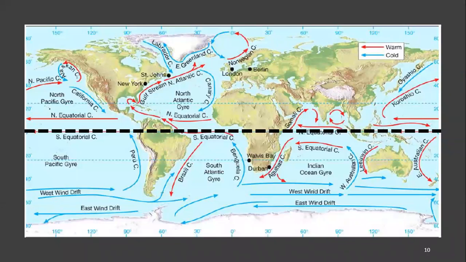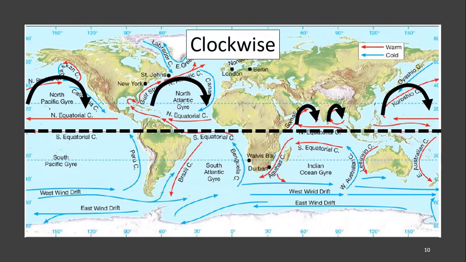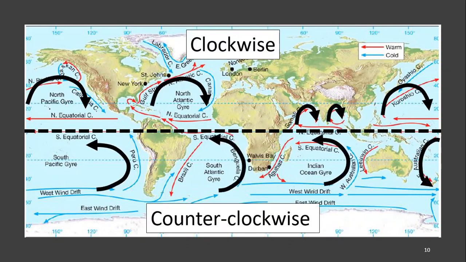This bending of currents creates major wind-driven ocean gyres that circulate surface waters and surface temperature patterns. These circular patterns generally occur clockwise in the northern hemisphere and counterclockwise in the southern hemisphere.